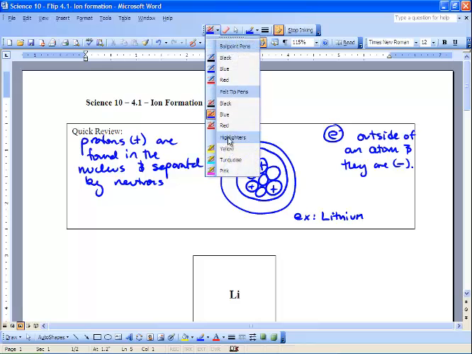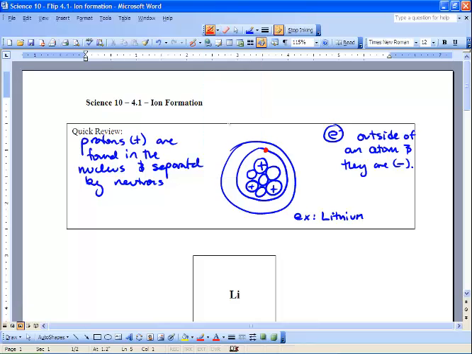Now you guys will remember from Science 9 that 2 electrons are allowed in the first shell and 8 in the second, but because lithium, if you take a look at your periodic table of elements, it's got 3 electrons in an atom. So now it's balanced out, and we can see our protons and neutrons inside, and our electrons orbit the atom in kind of like shells. All right, so we'll just put that in.